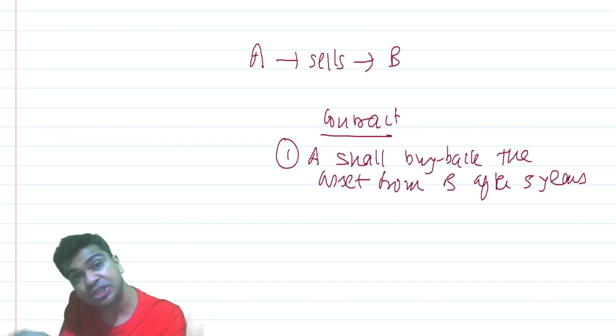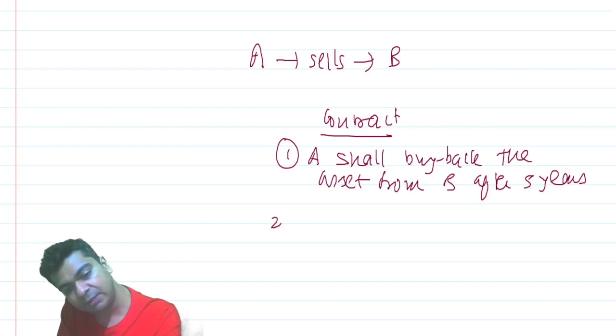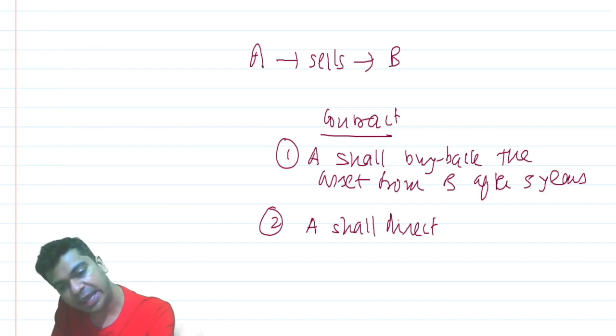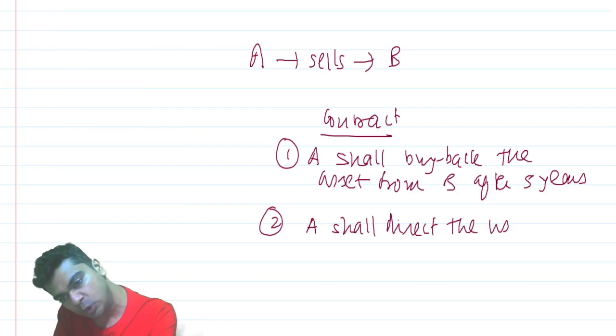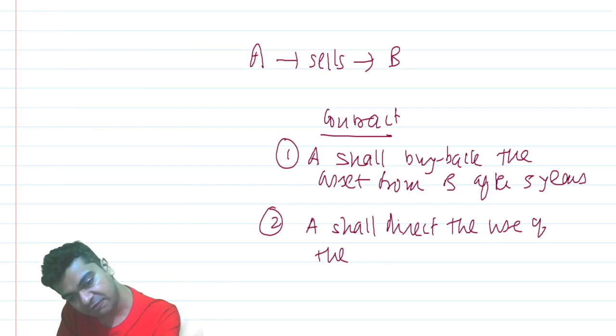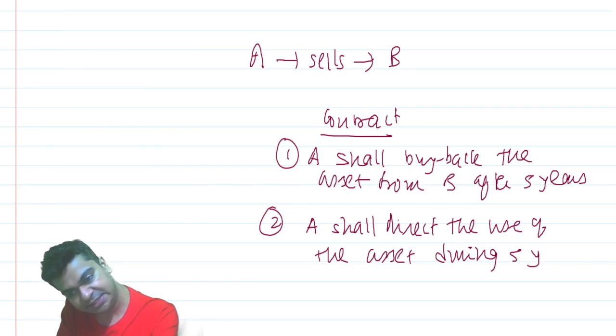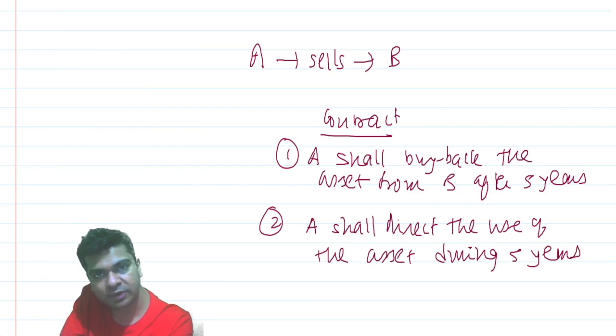This is what is mentioned in the contract. It is further mentioned in the contract that A shall direct the use of the asset. When? During these 5 years. So let us say this is the kind of arrangement which is there between A and B.